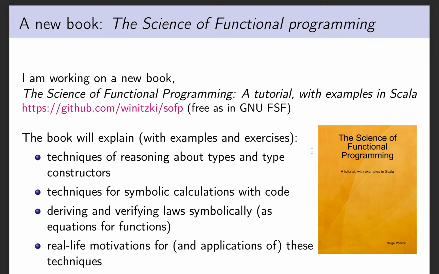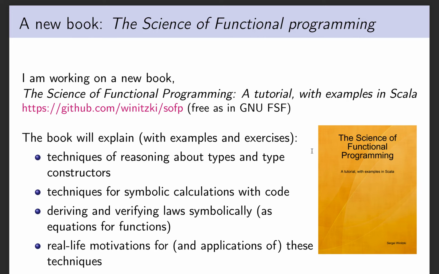How to do symbolic calculation with code, so you can derive the laws or you can verify the laws in basically pen and paper way. It's not some kind of framework or formal method. It's just pen and paper, like school algebra.